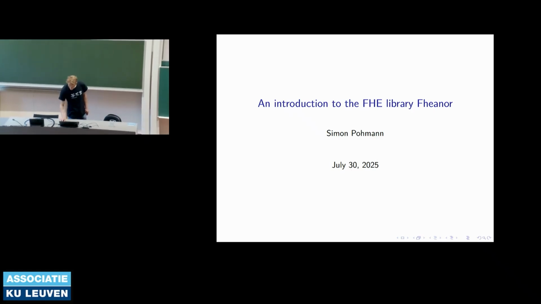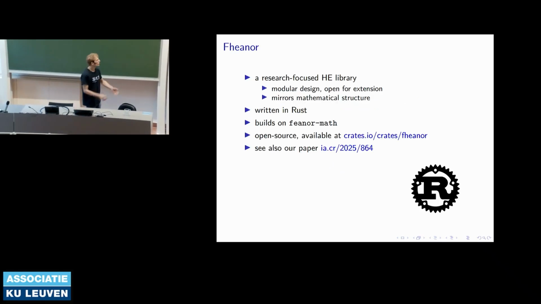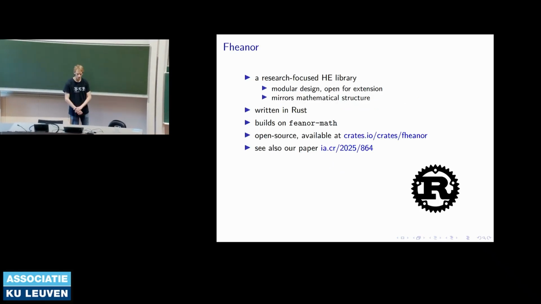So let's start with a very short overview. What is this library? It's a research-focused homomorphic encryption library, and we built it to address the gap that we saw between all the existing libraries, which are very nice and very good if you want to build applications, but not necessarily suitable to perform research.